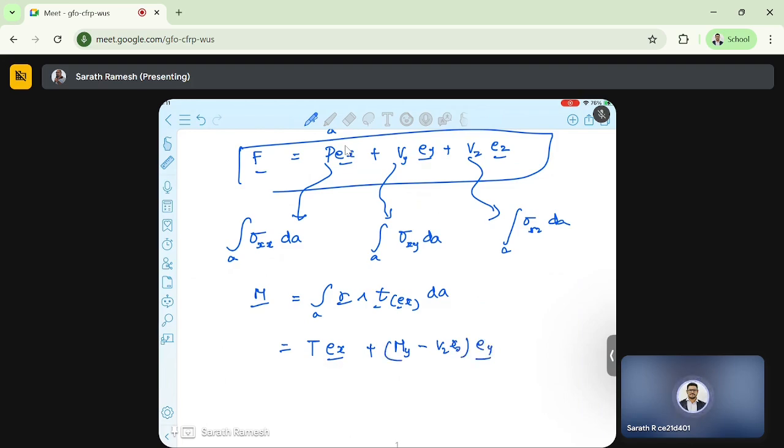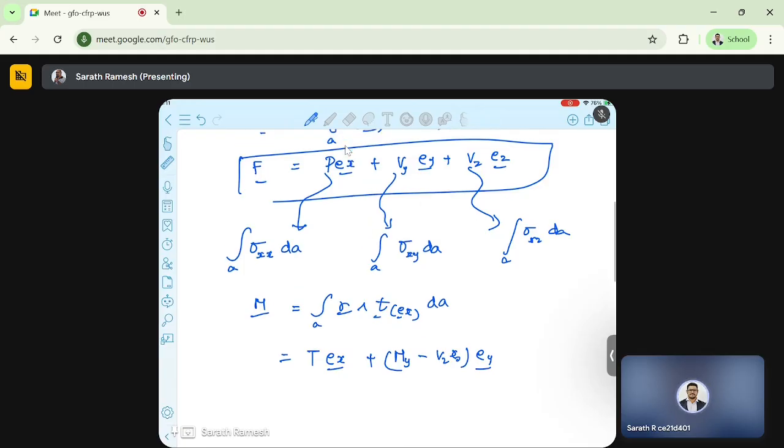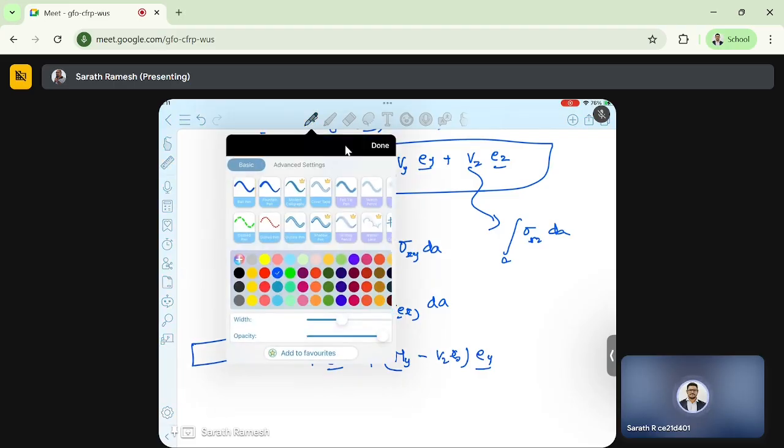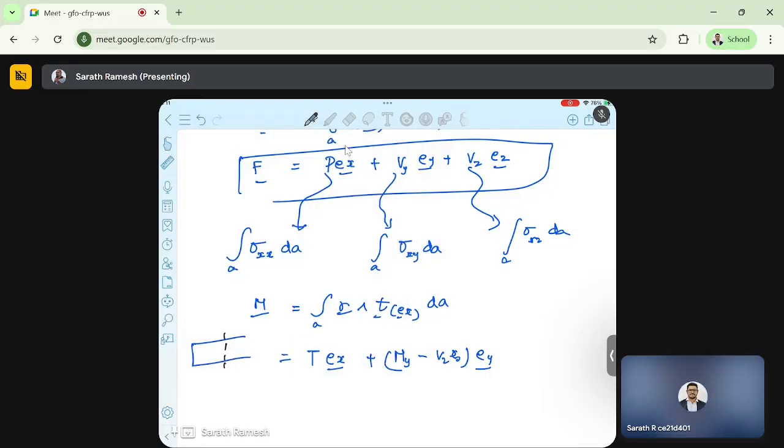By the way, x naught is the distance from the support, from my origin, at which I am cutting a section.